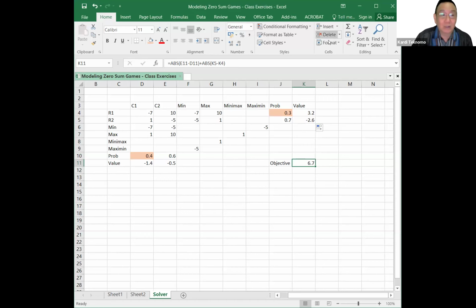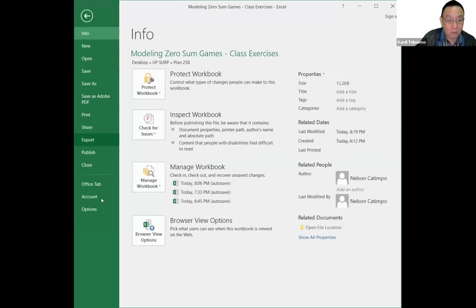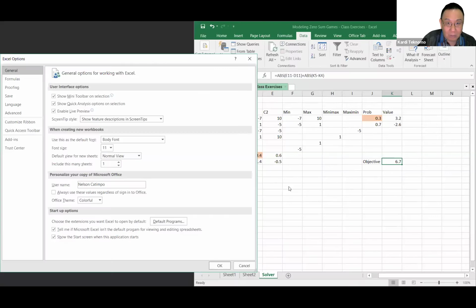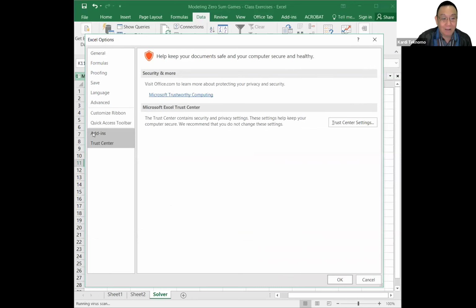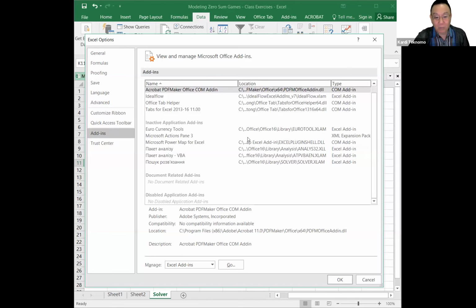So now you get to go to the solver. Do you have solver already? Not yet. Okay, go to File, down there Options, Add-ins, and then go at the bottom.